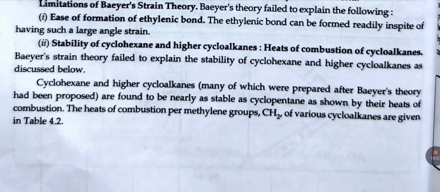Cyclohexane and higher cycloalkanes, many of which were prepared after Baeyer strain theory had been proposed, are found to be nearly as stable as cyclopentane, as shown by their heat of combustion. The heat of combustion per methylene group, CH2, of various cycloalkanes is given in table 4.2.